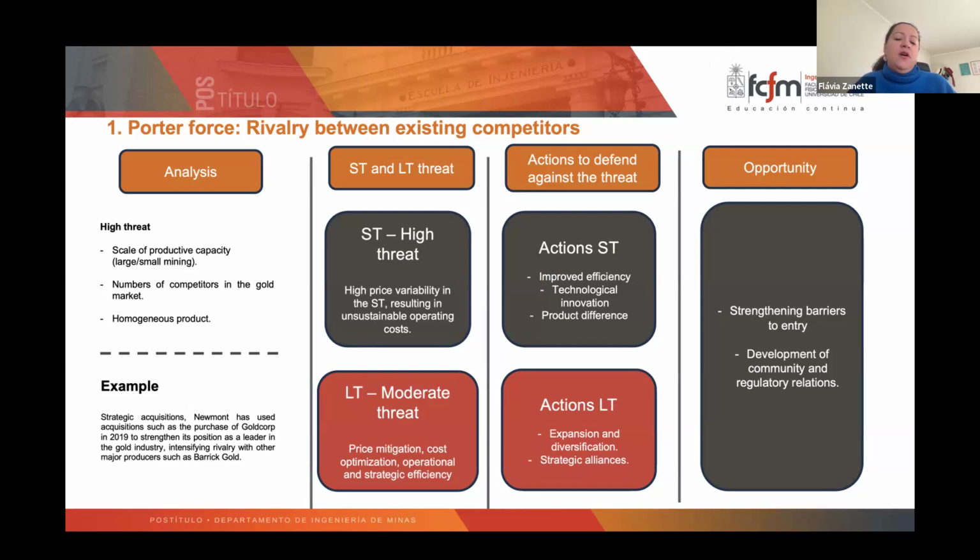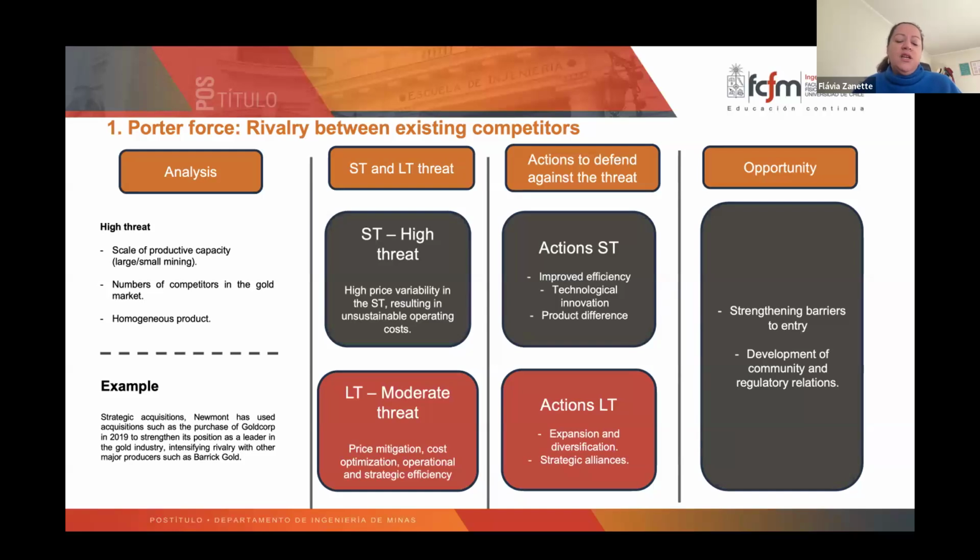As I have mentioned before, we are analyzing Newmont as our company to be studied here. What have we analyzed for this specific driving force? A high threat, considering scale of productivity, capacity, large or small mining companies that could be competitors, number of competitors in the gold market, homogeneous product.